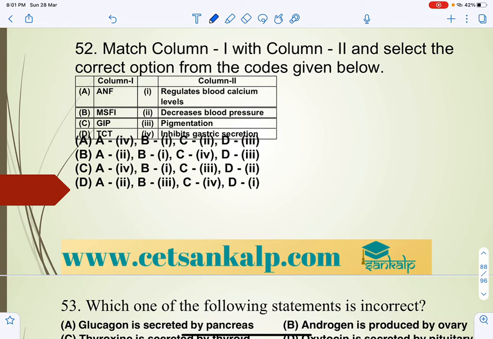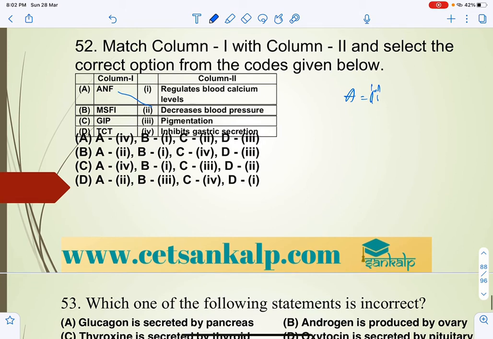Atrial natriuretic factor, generally we know, decreases the blood pressure. So here we can say A2. And then MSF, right?